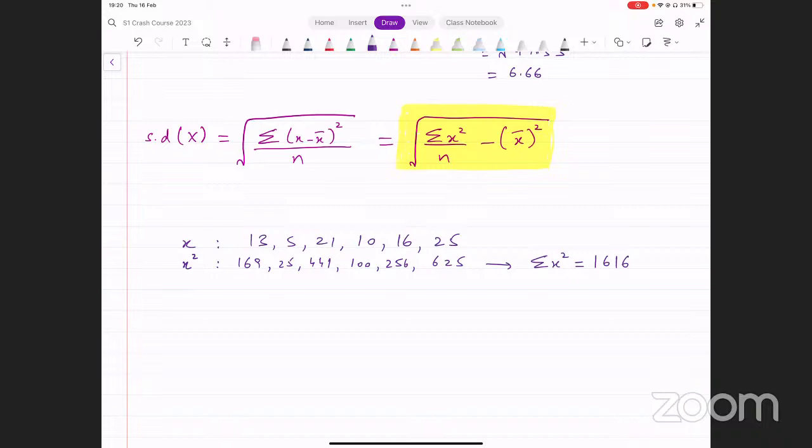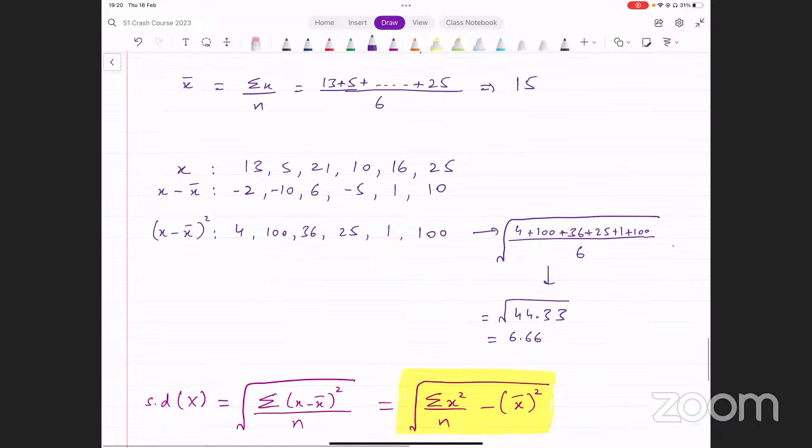All right. And now for finding the standard deviation, all you have to do is use sigma x square. So that's 1616, divide by n. n is the number of values, which is 6 in this case, minus the mean. The mean for this data was 15.